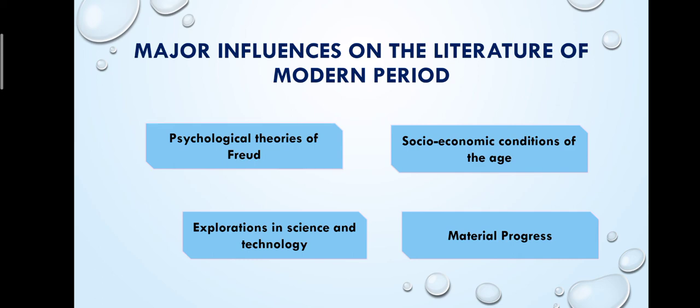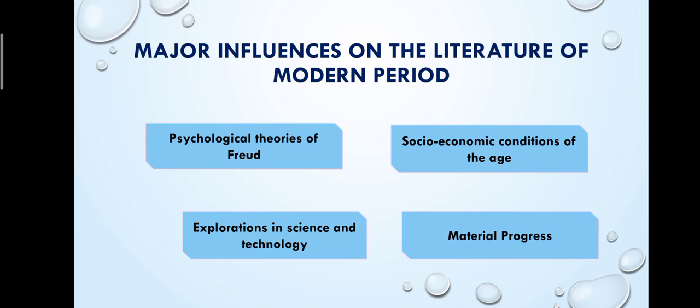Urbanization, industrial progress, materialism, changing economic scenario, and changing trend of social relationships collectively cause a deep impact on literary writings and their subject matters. So, these are the chief characteristics and literary trends of the modern period.